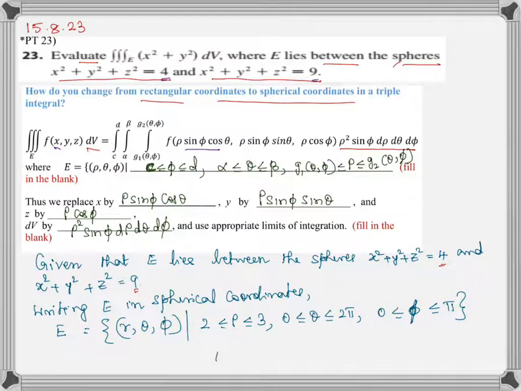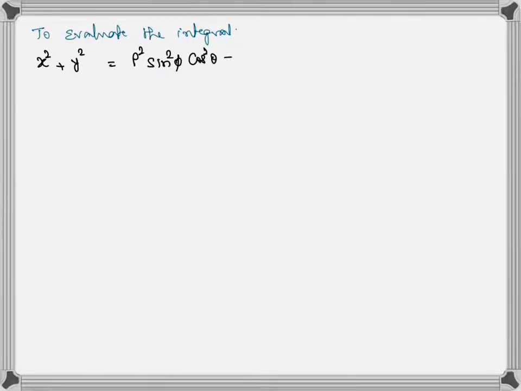Now we are going to integrate x squared plus y squared. So we have to compute what x squared plus y squared is in spherical coordinates. To evaluate the integral, first we have to work on the integrand. x squared plus y squared equals rho squared sine squared phi cosine squared theta, plus rho squared sine squared phi sine squared theta.